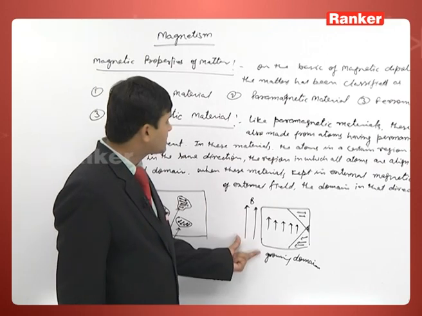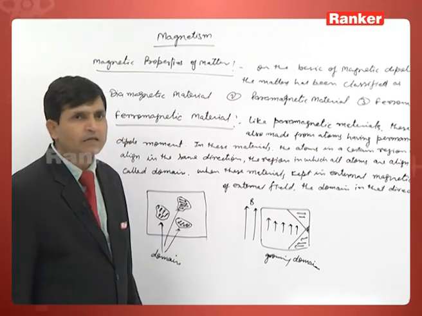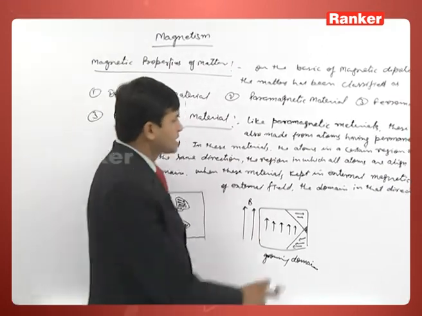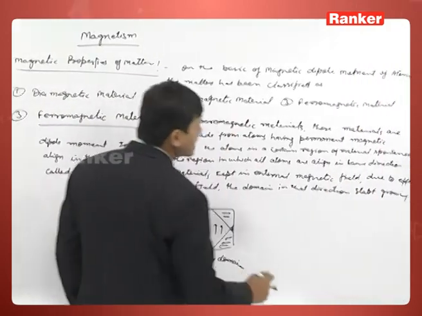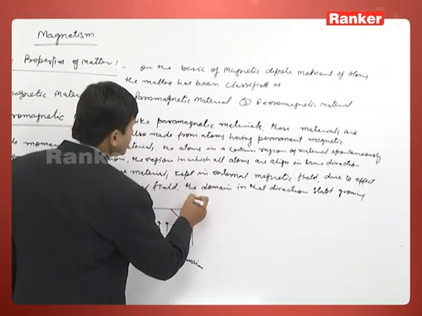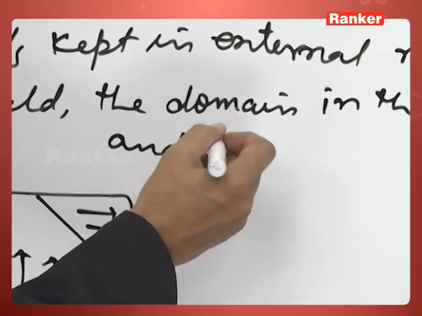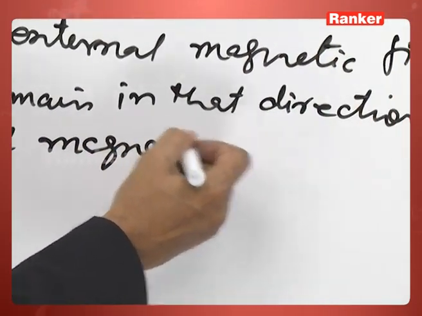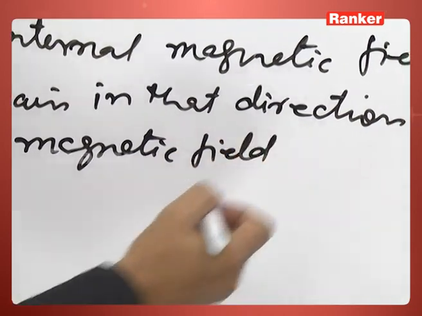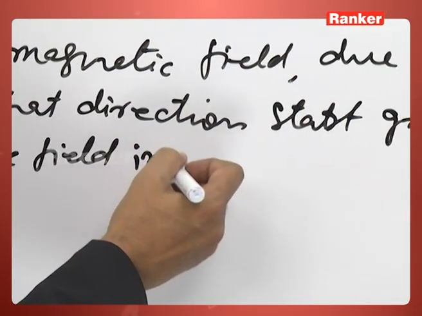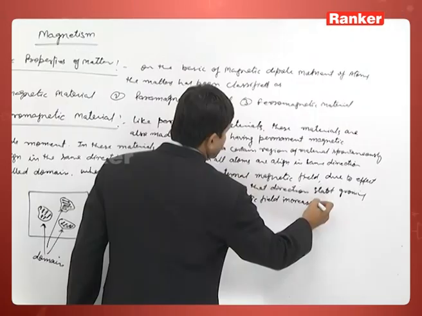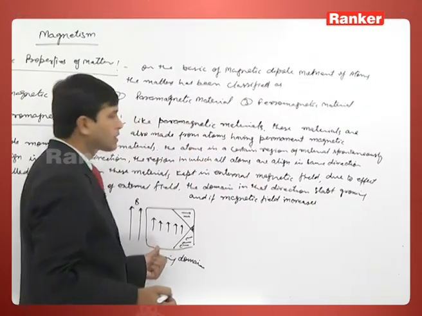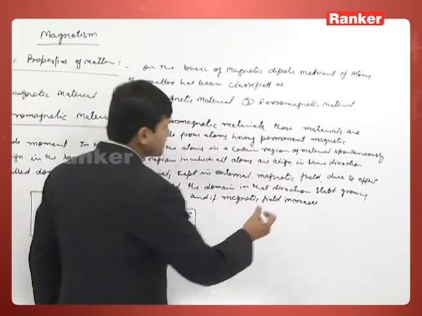So magnetism inside these materials is very large. The domain in that direction starts growing, and if the magnetic field increases, the size of the domain continuously increases.